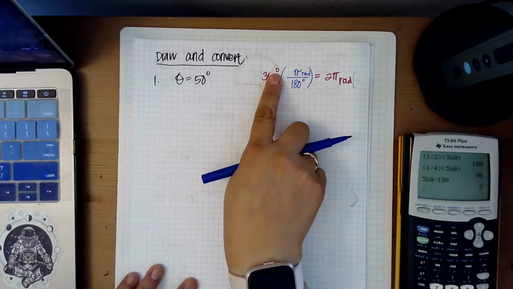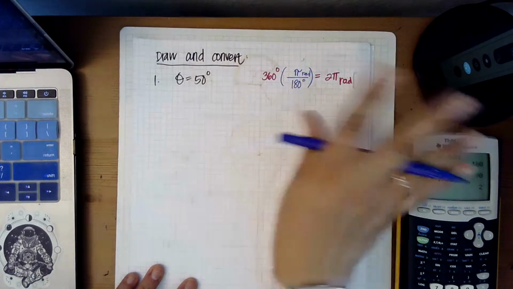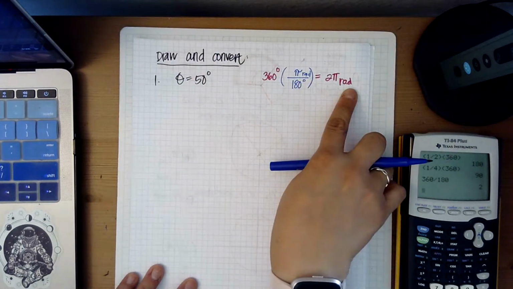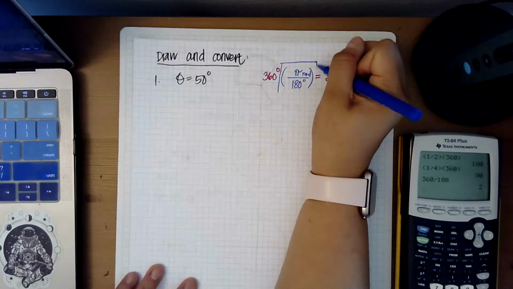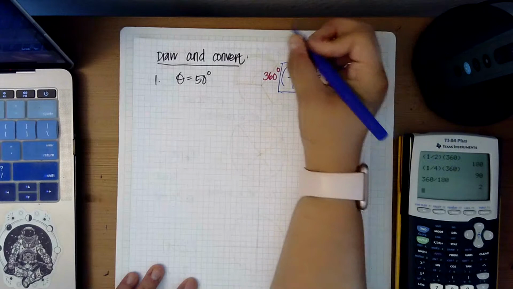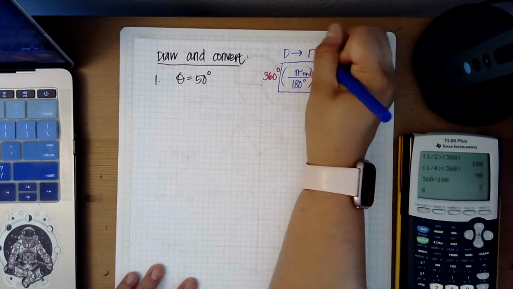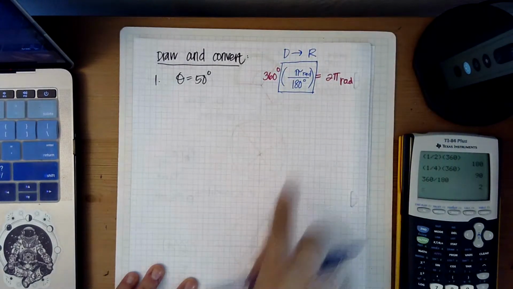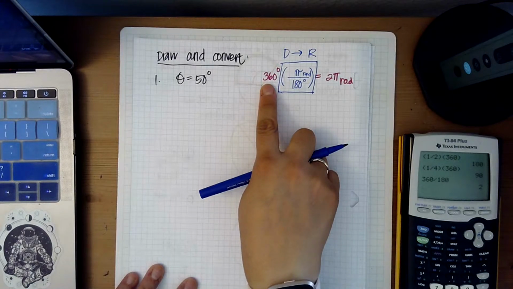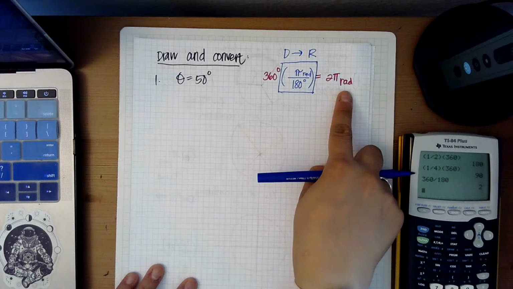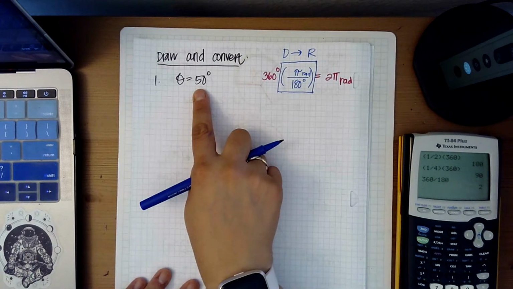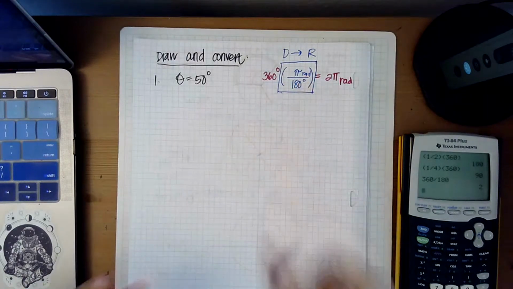Because here, the degree is on top and this degree is on the bottom, so it cancels. This has to be rad because that's my next unit. So this right here is the unit conversion to go from degrees to radians. To go from degrees to radians, I start with my degrees, I use this unit conversion, and then it converts to my radians. So right now I'm in degrees, so this is the unit conversion I have to use.